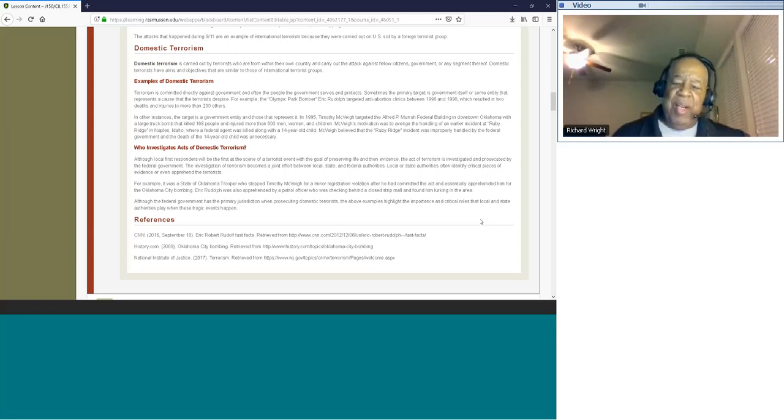After September 11th, the devastating act of international terrorism that took place in New York City caused the federal government to create a separate agency to deal with terrorists. And then a law was passed, the Patriot Act, which everyone is kind of familiar with, which deals with trying to, as they say, get a grip on terrorism.